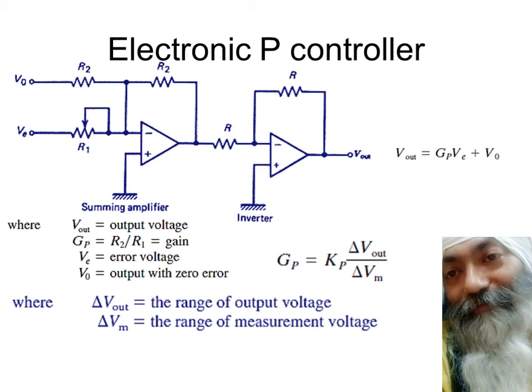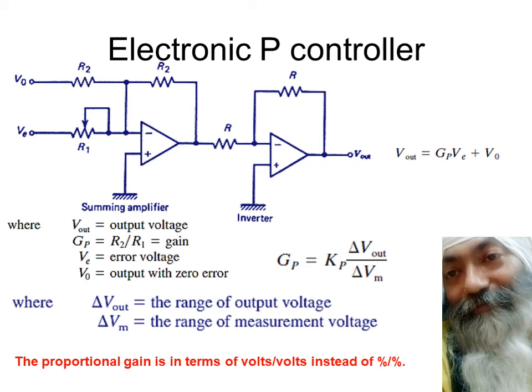But here the unit of GP are in terms of volt per volt. To convert percentage by percentage to volt by volt, we have this conversion factor given by, once again, GP is equal to KP into delta V out divided by delta Vm, and this we shall be elaborating once again with the help of an example.